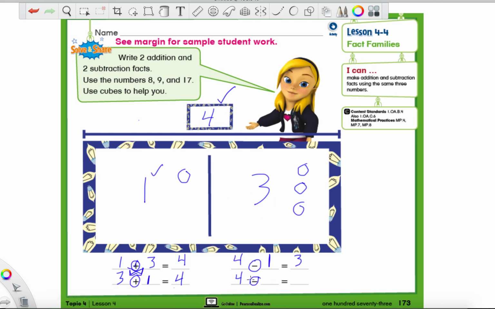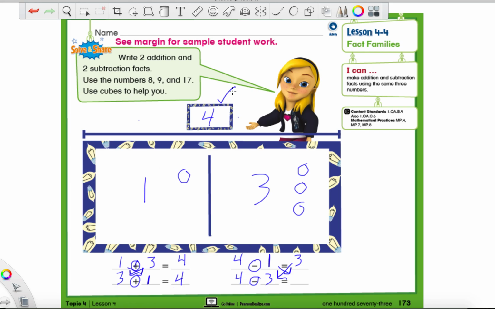Now, let's think of another way we could write a subtraction sentence. How else can we write a subtraction sentence? If we don't want to put the 1 second, like if we're not going to take just one part away, how much could we take away? Well, we could take away 3, right? Because we already took away 1 and we got 3. And again, we're just going to flip-flop these two numbers to make a brand new number sentence.